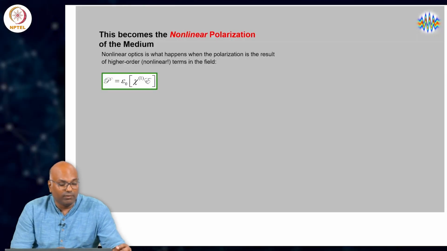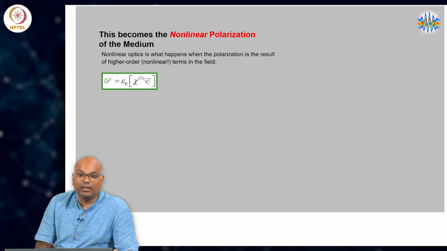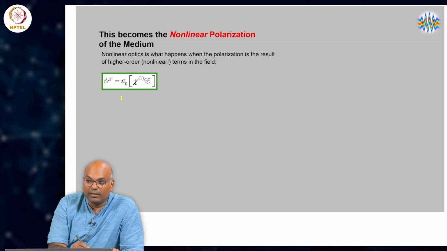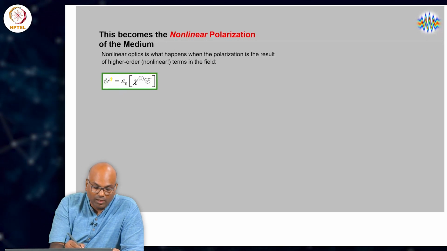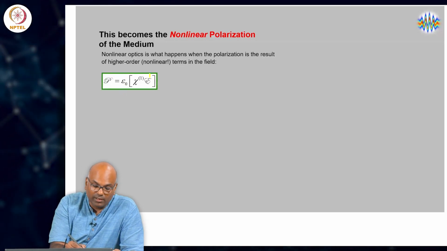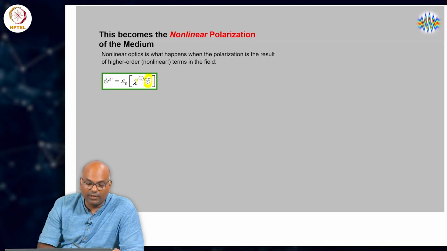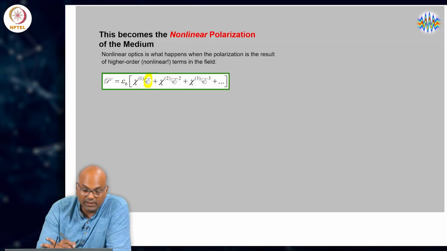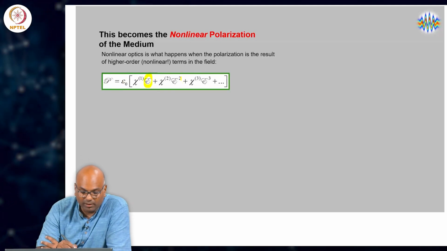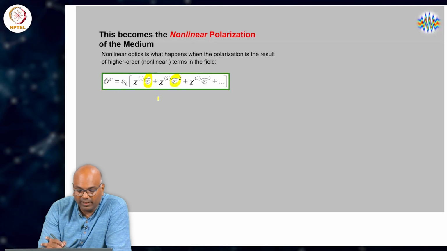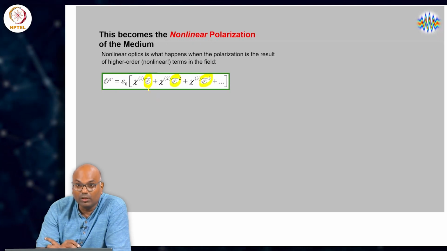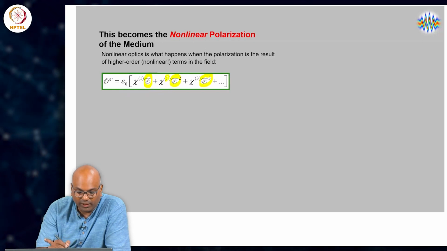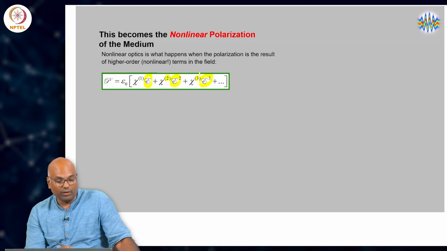The nonlinearity arises from the need, if you wish, to consider terms in expanding the polarization as a function of electric field beyond the linear term, that is, beyond the term where P is linear in E. A power series expansion, the Taylor expansion, will lead us to a quadratic dependence, a cubic dependence, and so on, which is mediated through the chi's of second order, third order, and even higher order phenomena.